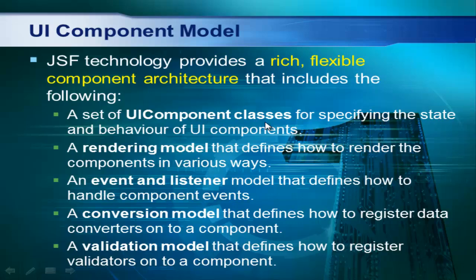So in JSF, one part is the set of UI components. It depends on how many UI components there are. All of them will have a standard UI component, and some of them will have an extended version of it. For example, you may have a scroll bar, which you can scroll, or you can have a progress bar.